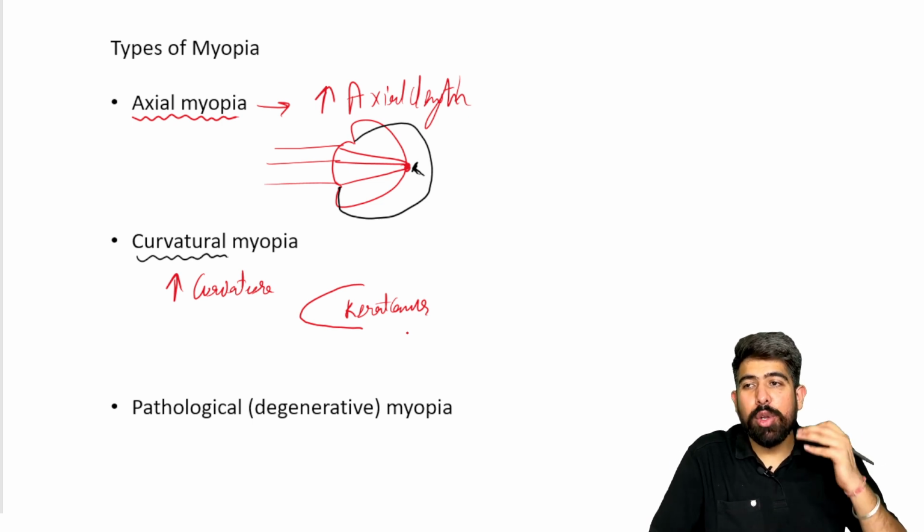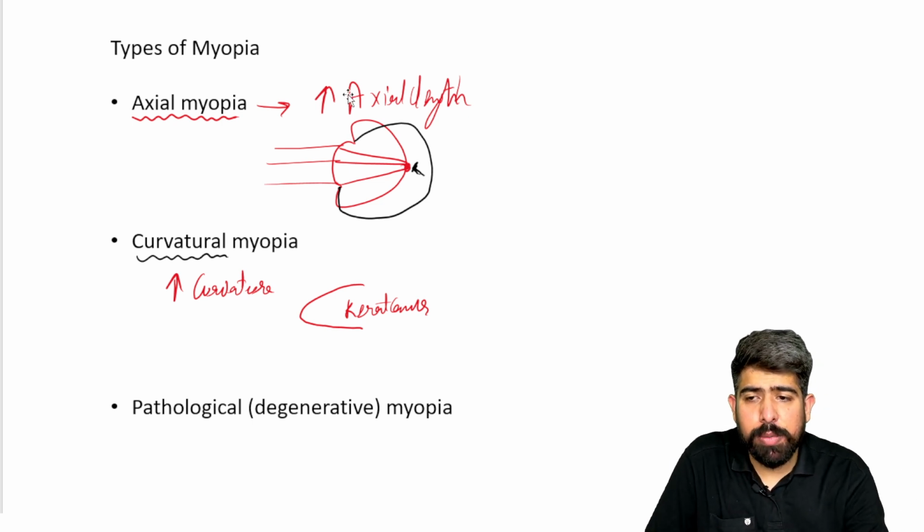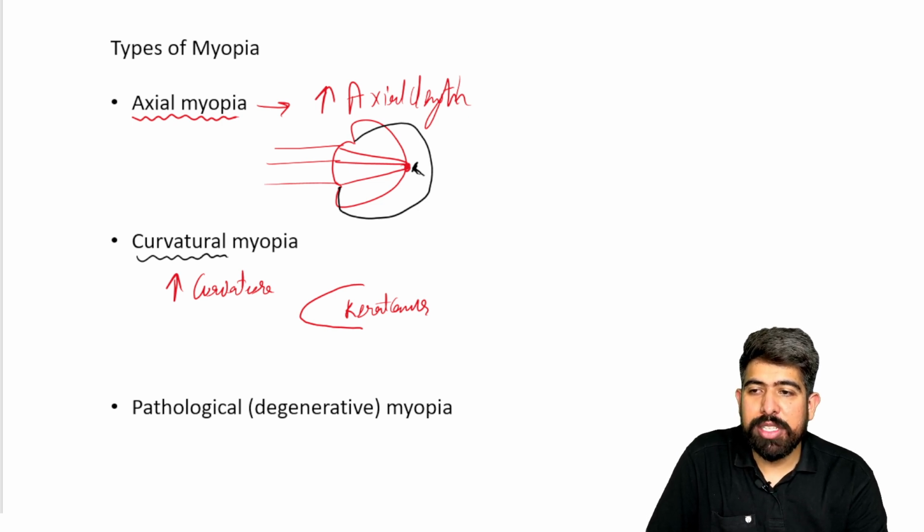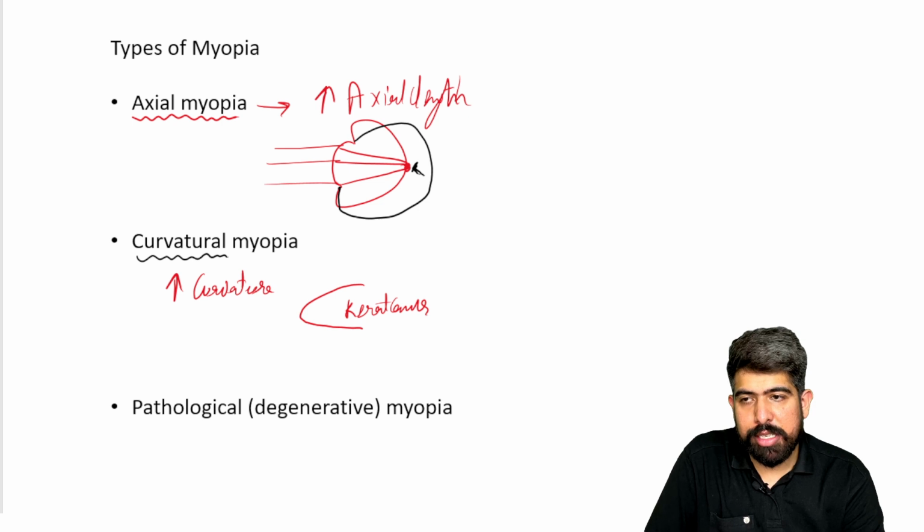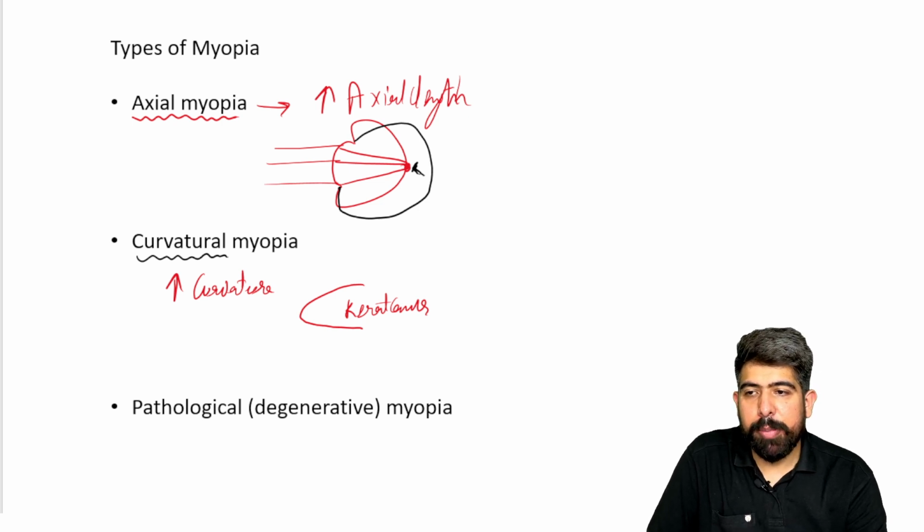Your cornea will protrude. As the cornea protrudes, due to this corneal protrusion, myopia will be seen, as you already know. So this is about your curvatural myopia.